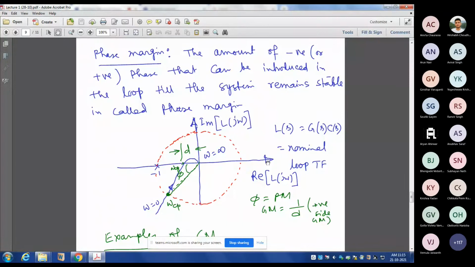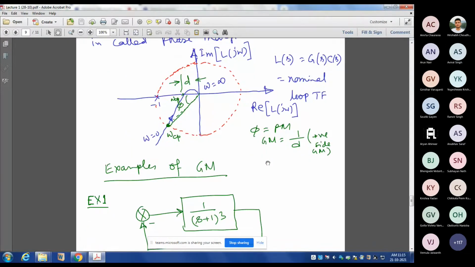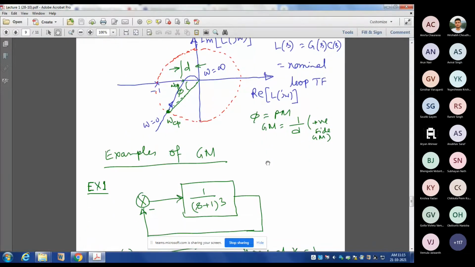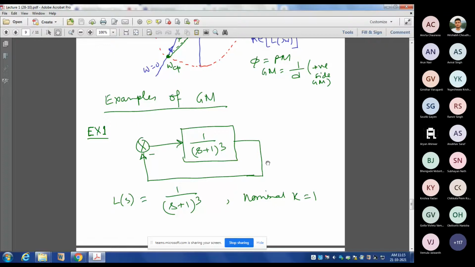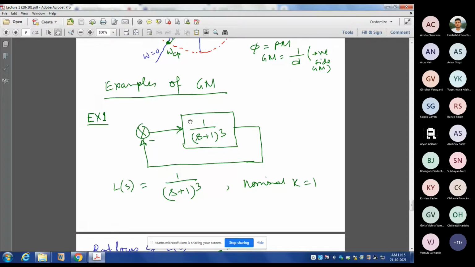Okay, so some examples we will consider. Then your concept will be more clear. For example, this system. This is your loop transfer function. I have absorbed the plant, controller, all the things inside this loop. Suppose L(s) is equal to 1 over (s plus 1) whole cube.